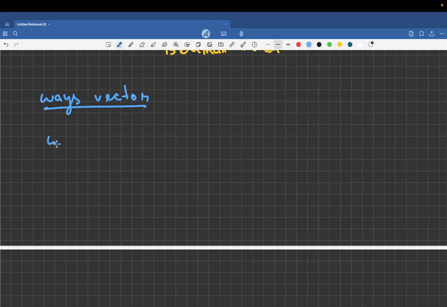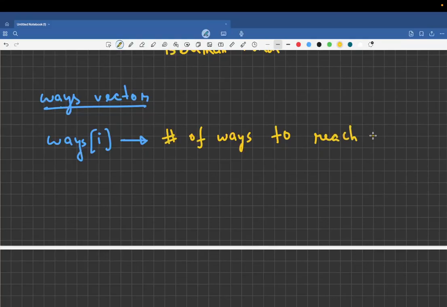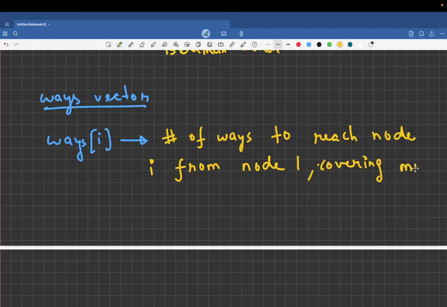Ways of I is going to tell me the number of ways to reach node I from node 1 covering minimum cost.